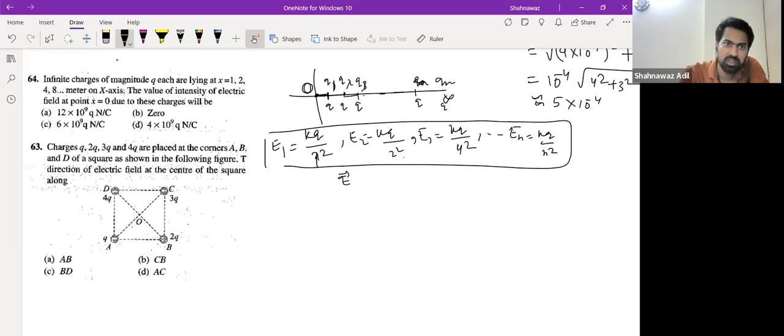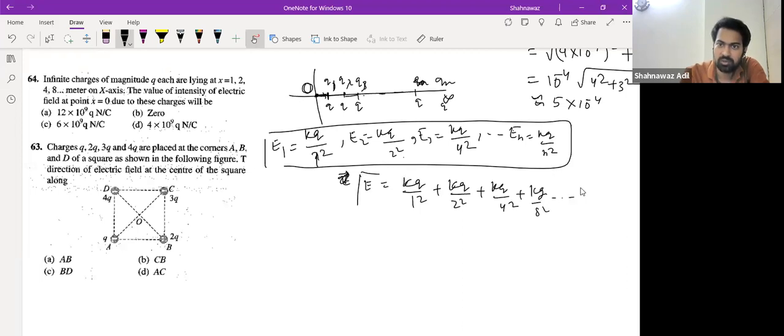This is on the same axis, so the direction of all the electric fields is the same. So you can just add. So E would be kq by 1 square, kq by 2 square, kq by 4 square, right? So kq by 8 square.